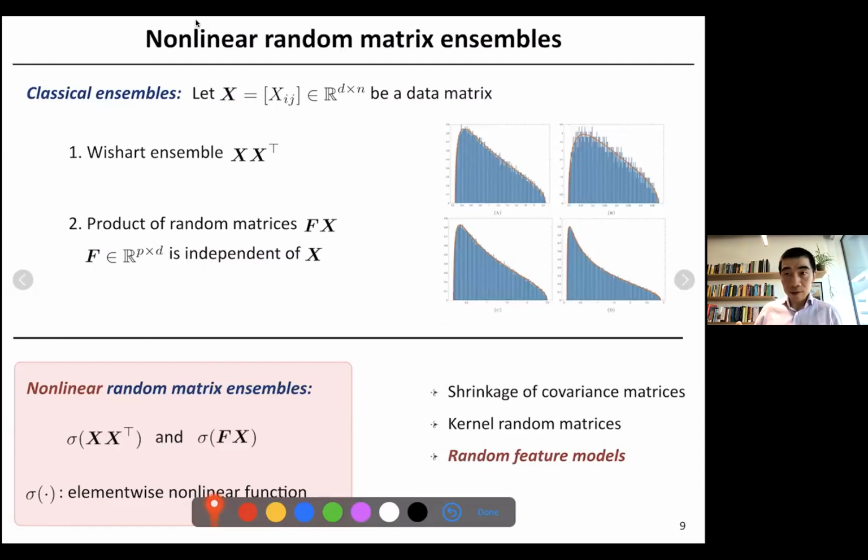So if you want to study machine learning by using the kernel method, then you will encounter the first type of nonlinear random matrix. Okay, apply a nonlinearity to a symmetric random matrix. And the third type of application where these nonlinear random matrices arise is the so-called random feature model. And this is what we are going to talk about in the rest of this presentation.